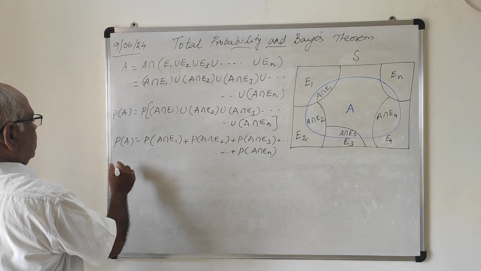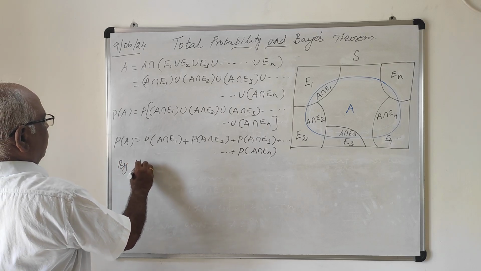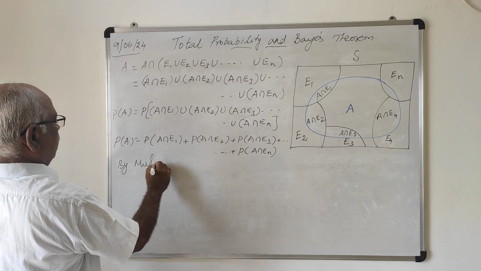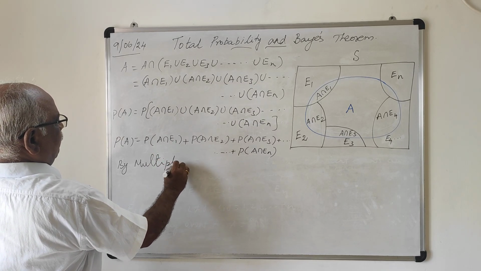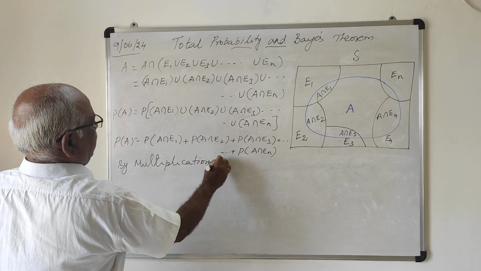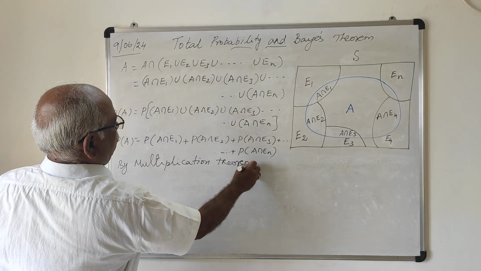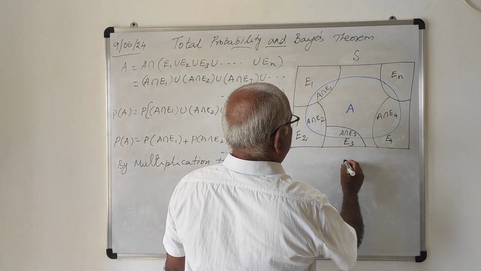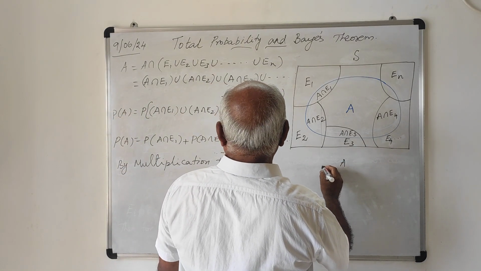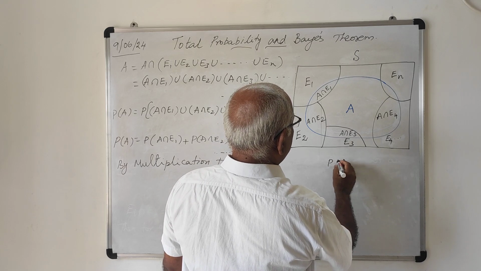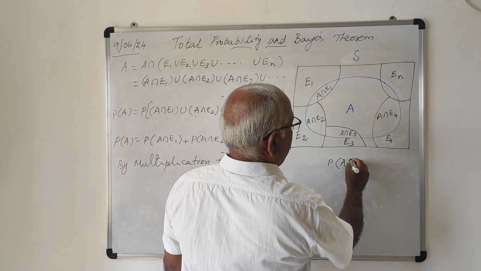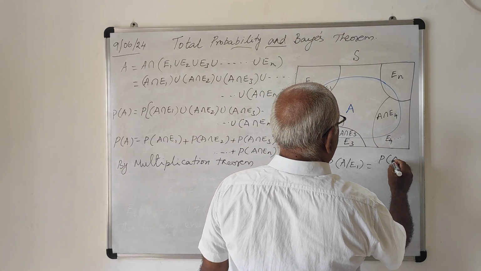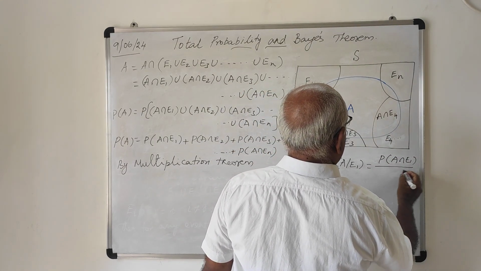we know that probability of A by E1 equals probability of A intersection E1 by probability of E1.